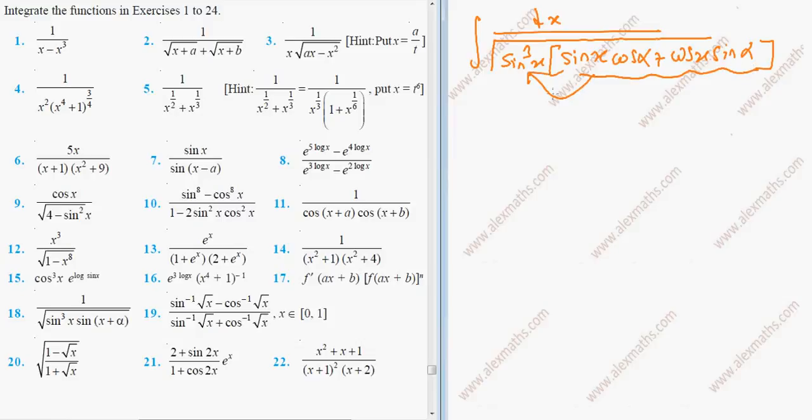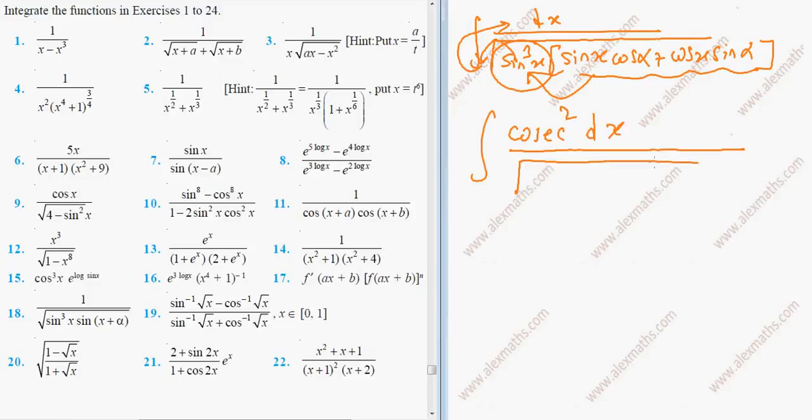Already this is sin cube, it will become sin power 4. When it has come outside the root, it will become sin square. When it is carried to the numerator, it will become cosecant square x dx. But this root will be, this is already taken out, so only cos alpha, and here there is no sin x, so we have to divide by sin x, it will become cot x, then sin alpha.